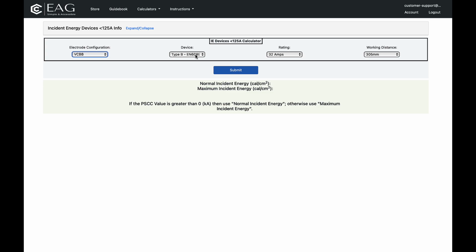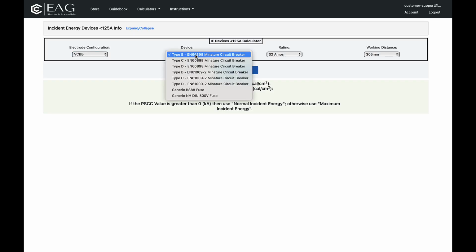The second field is the upstream protective device, and as you can see, it'll allow for results for most common types in use in Europe, and these include the DIN NH and BS88 types of high rupturing capacity fuses, and also miniature circuit breakers to EN60898 and EN61009-2.